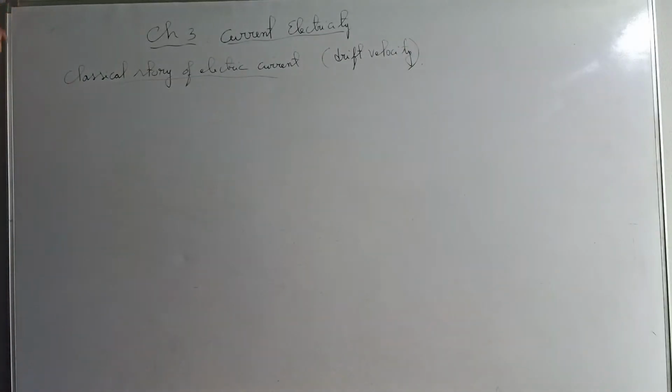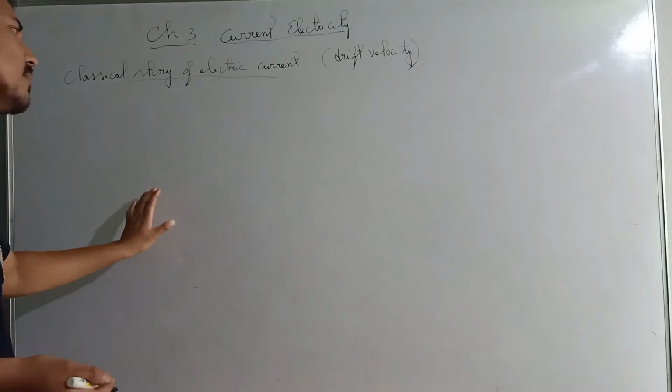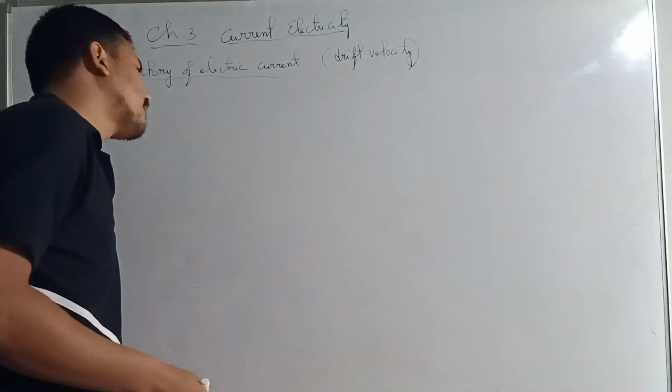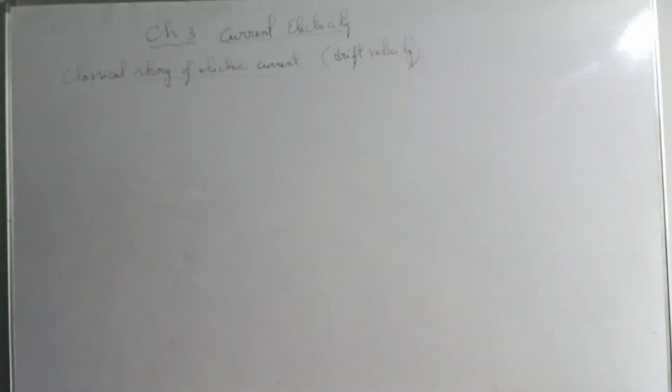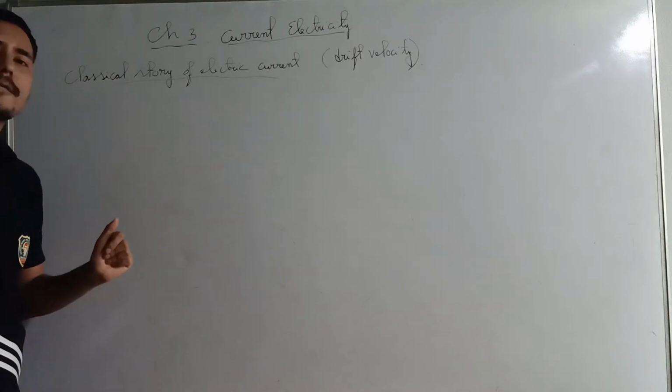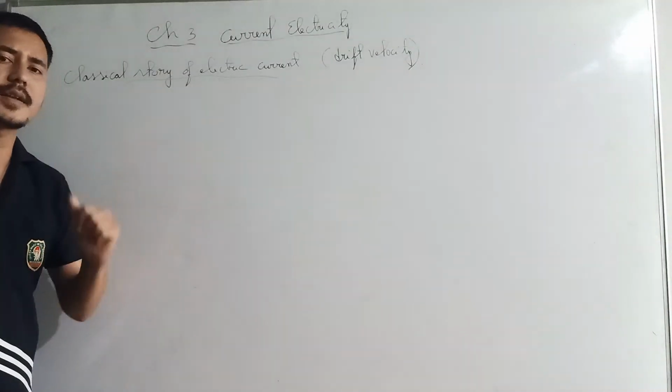As a large number of electrons are present and their motion is random, they suffer collisions with the positive ions of the conductor, and the net flow of electrons in any particular direction is 0.